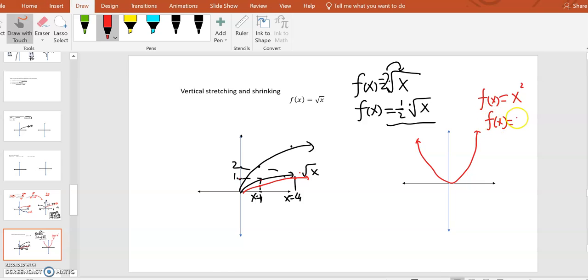So if I double the square function, every value will be doubled. Previously we got 1, 1, but this time for 1 we will get a 2.